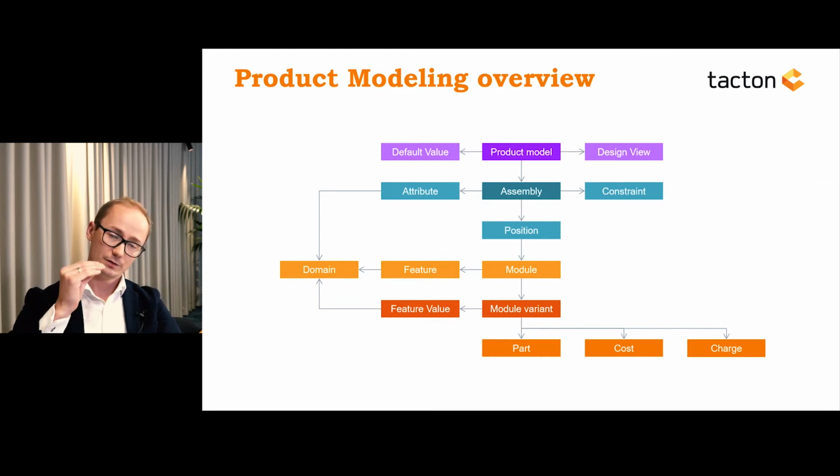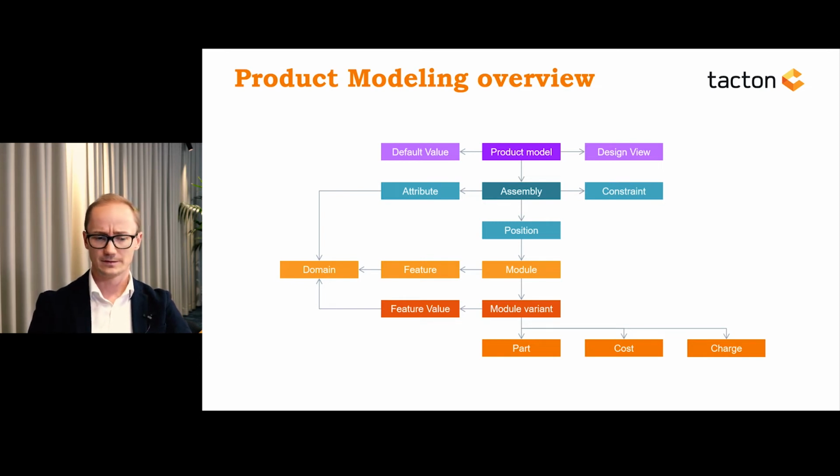There is a level below the module variant that is not used too much in the sake of the configuration problem, but it might have other implications, like it might have a cost that is used in price calculation. It might have charges added to that. It might have an engineering part corresponding to it.